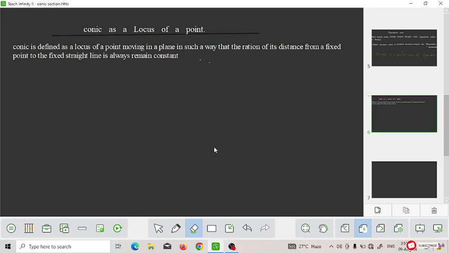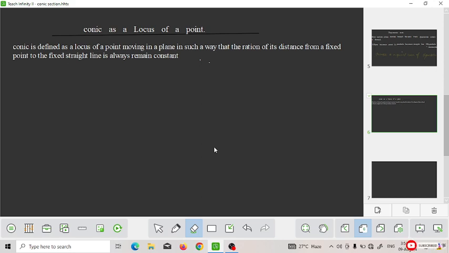So in the previous class, we concluded the topics ellipse, parabola, and hyperbola, and some special cases of hyperbola, that is rectangular hyperbola and degenerate conics.